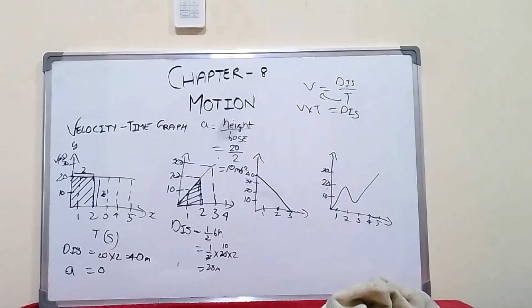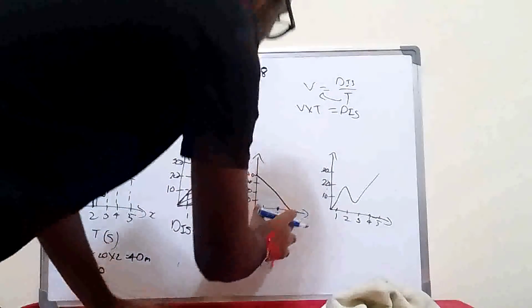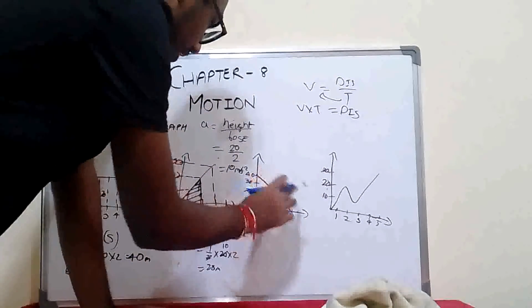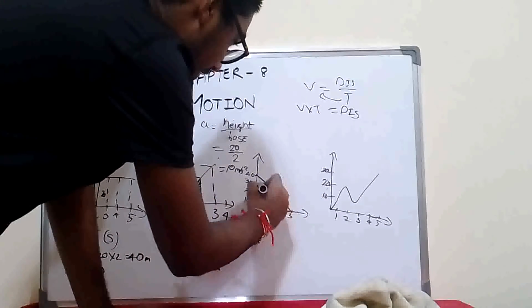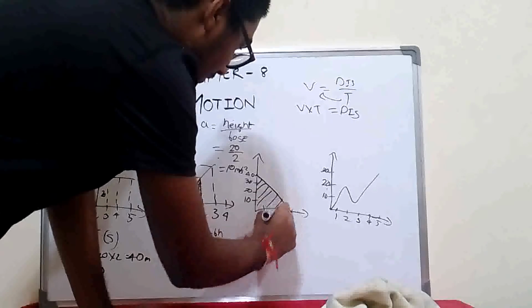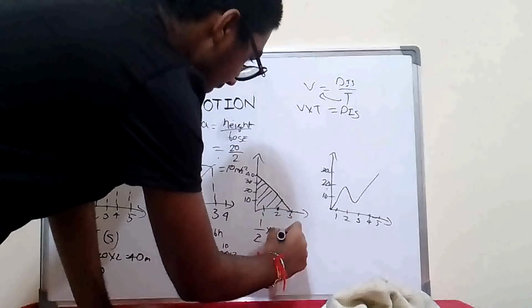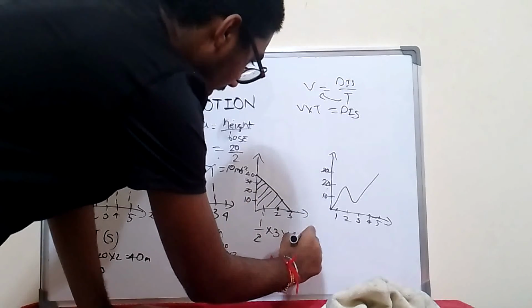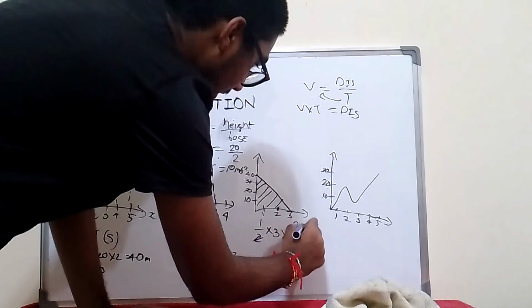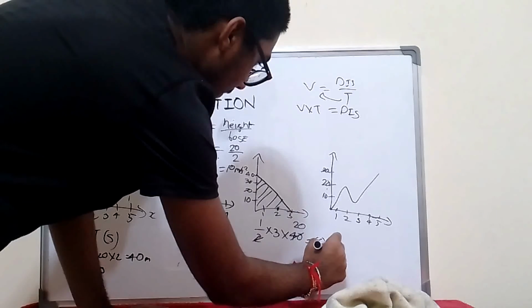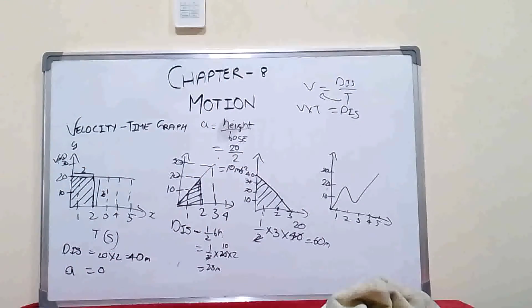Now if you want to find the acceleration, or no, the distance covered at the end of 3 seconds, the displacement is going to be, as I had said, the area under the graph, which will be 1 by 2 into base 3 into height 40. So 2 into 40, it will be 20, which is equal to 60 meters. So the displacement will be 60 meters.